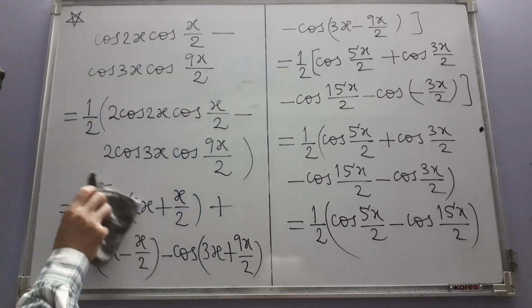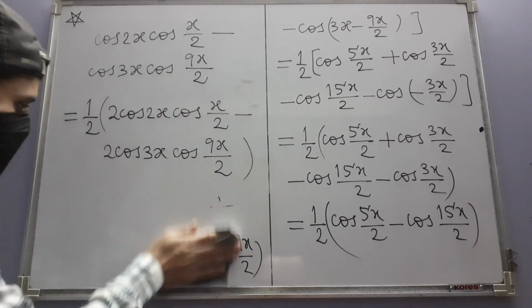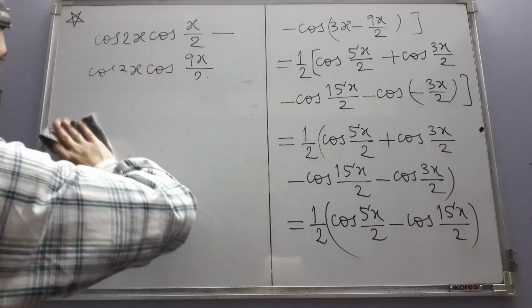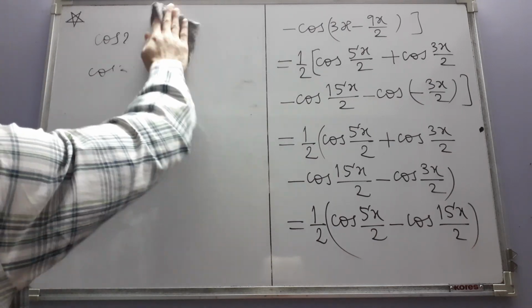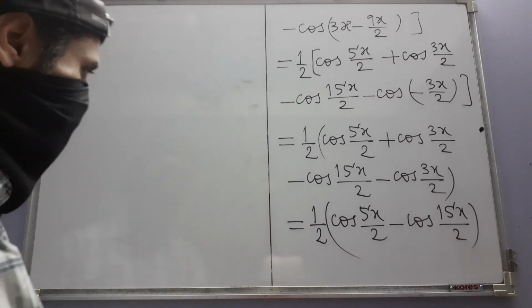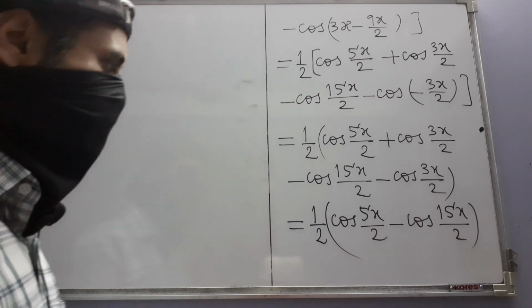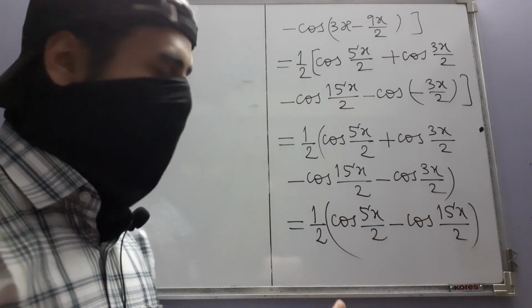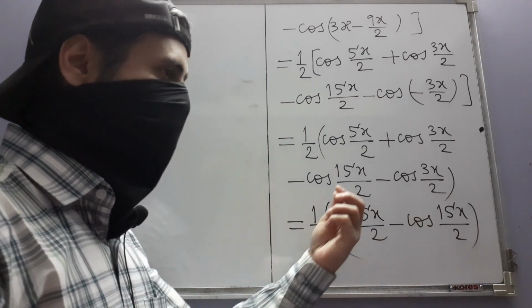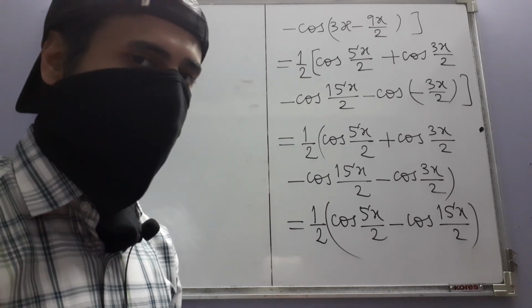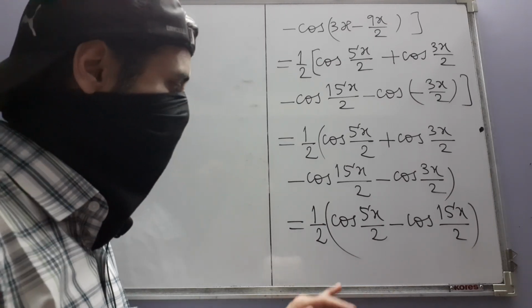So let's try to recall what it was. Do you remember that we have a scheme for remembering these four identities? The scheme was this. If cos is the thing, then the terms will be similar. Either it's cos cos or sin sin. We won't have mixed sin cos terms.